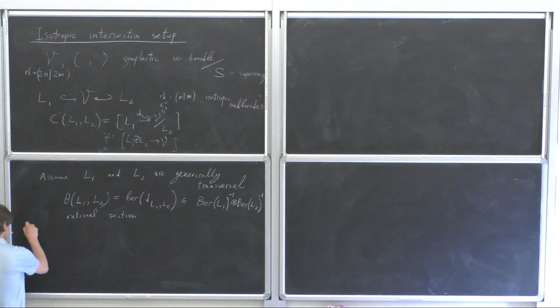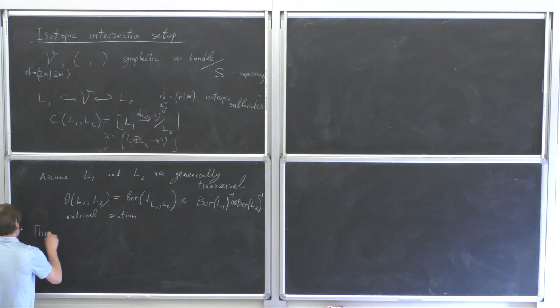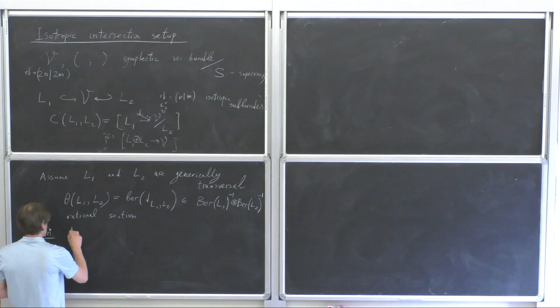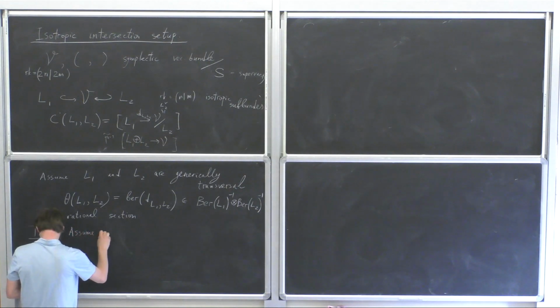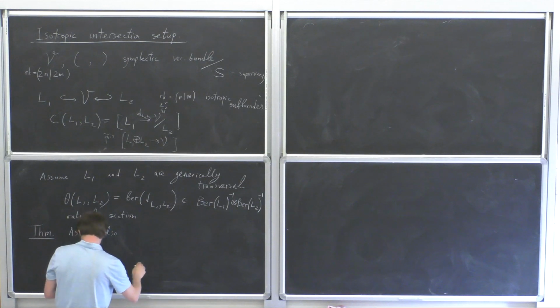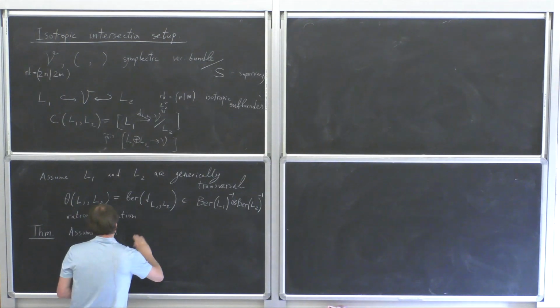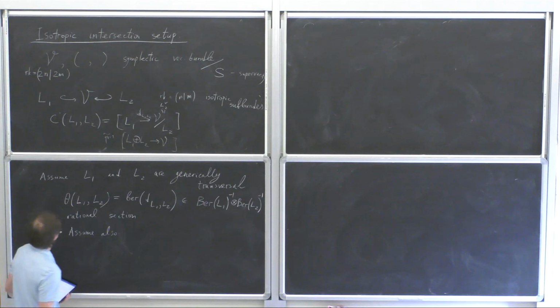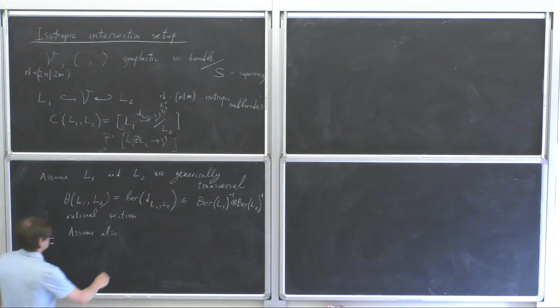And so the theorem, which tells you something more specific about the situation, is the following. Assume in addition that for some point S, we're living near some point where the even parts of L1 and L2 at this point... Once you restrict to a point, every superbundle canonically splits into even and odd parts.